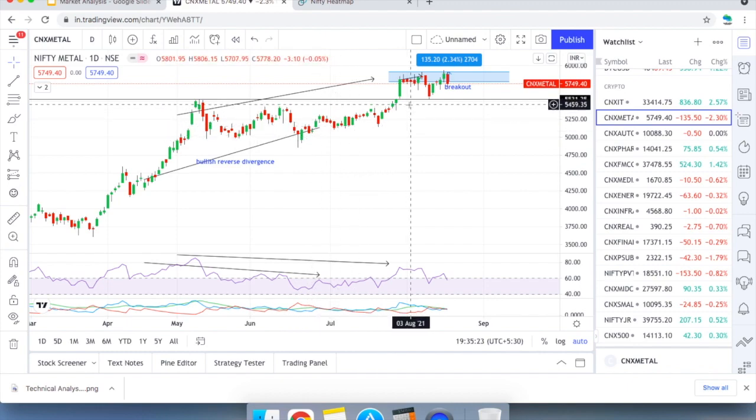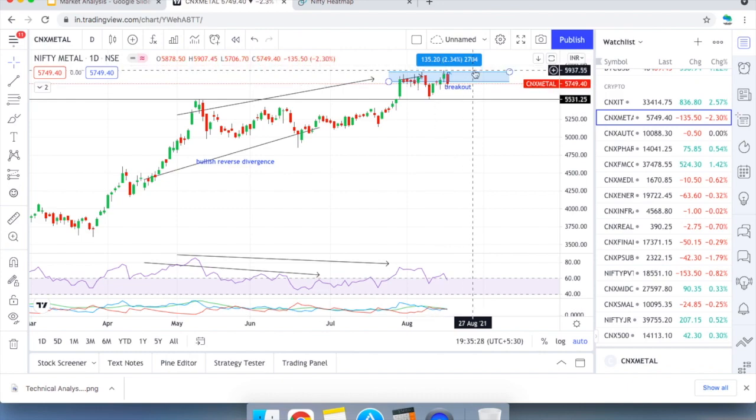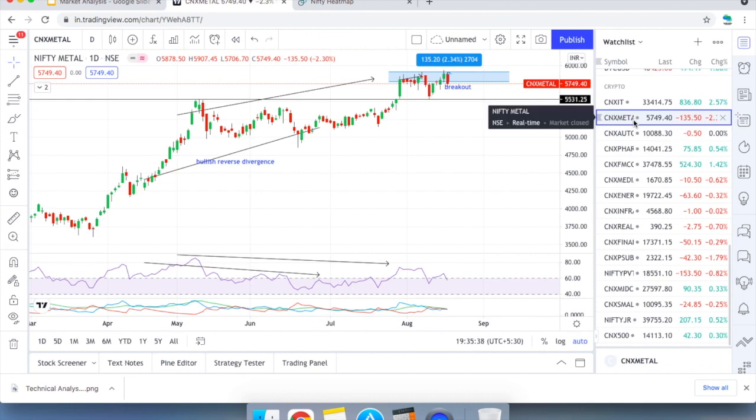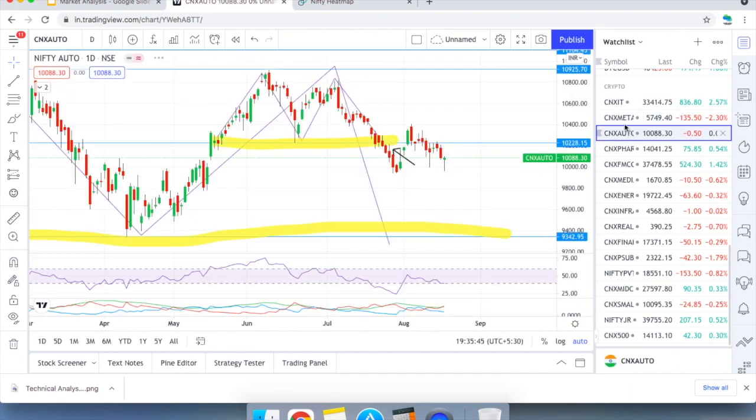This looks like an ascending triangle breakout, but it is taking time to move up. 5930 may be the point where, if a closure happens above that, we should be bullish. Otherwise metal can still be mentioned as bullish, doing good with respect to the momentum.